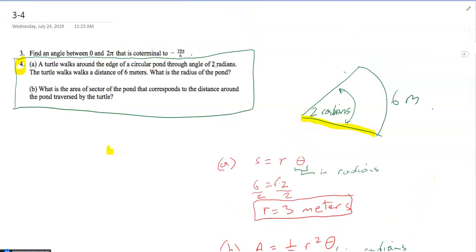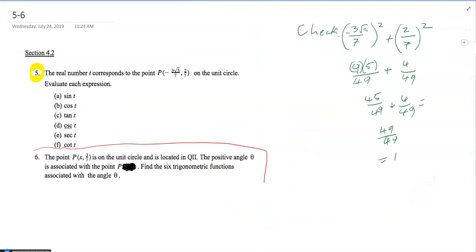Let's look at question 5. Question 5 says the real number t corresponds to the point P, negative 3 radical 5 over 7, comma 2 over 7, on the unit circle. Now, just a quick check. On the unit circle, x squared plus y squared is equal to 1.